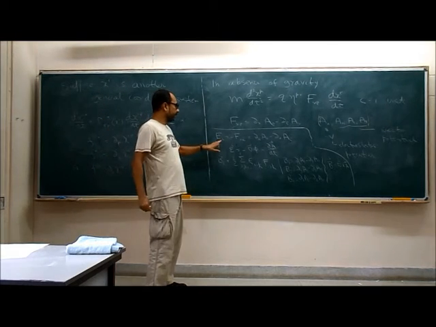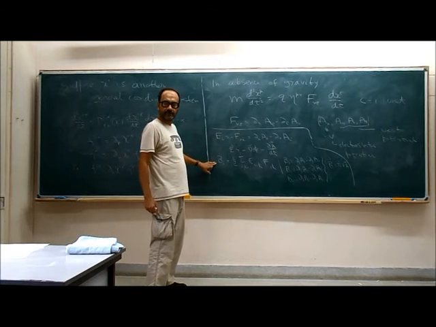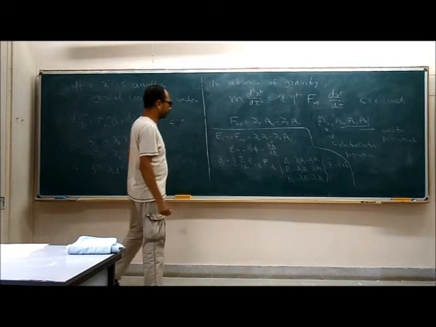I am just making the connection between F mu nu and the E and B, the covariant notation to the non-covariant notation, the usual vector notation.